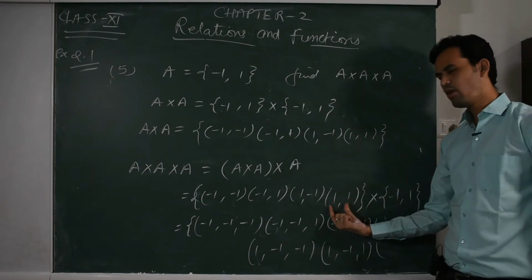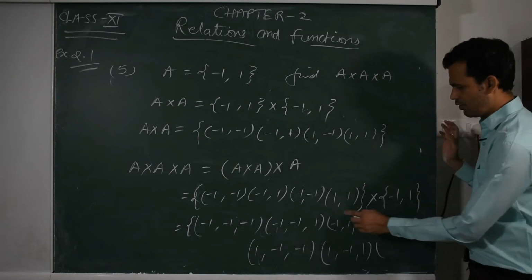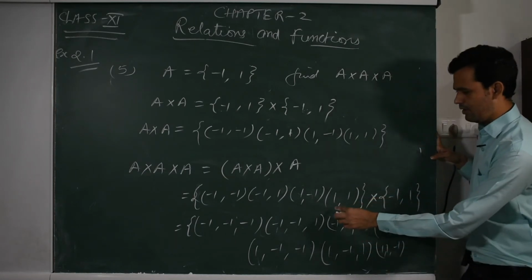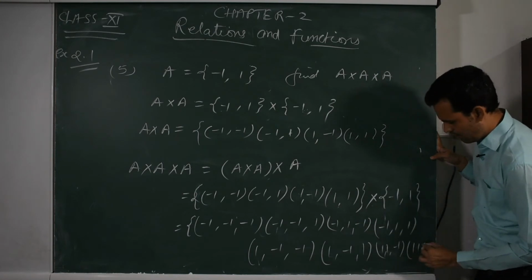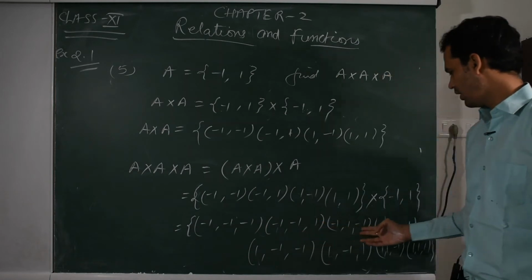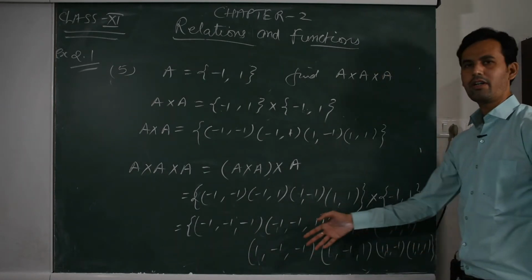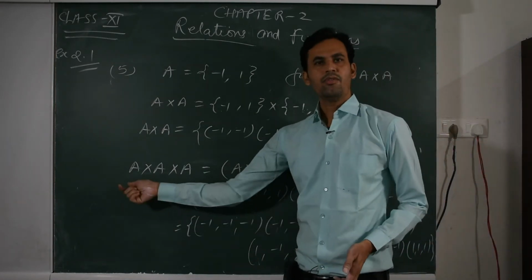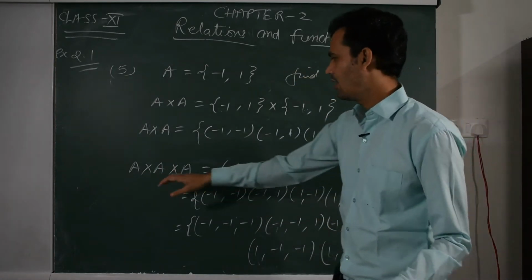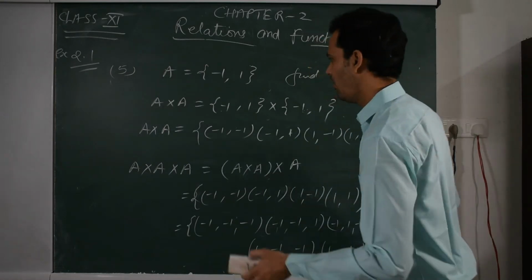Now ordered pairs by this and this: (1, 1, -1) and (1, 1, 1). So these are 8 ordered pairs, 1 2 3 4 5 6 7 8, the answer of A cross A cross A. So this is called the triple Cartesian product of a set.